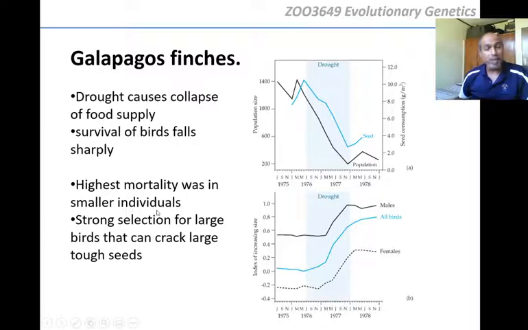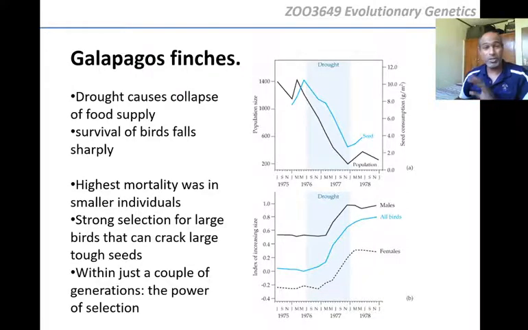So here the Grants, Rosemary and Peter, are able to show natural selection. The drought is causing the selection. They're able to show that natural selection causes a change in phenotype, in fitness, that can be measured. This is not just theories, guys.